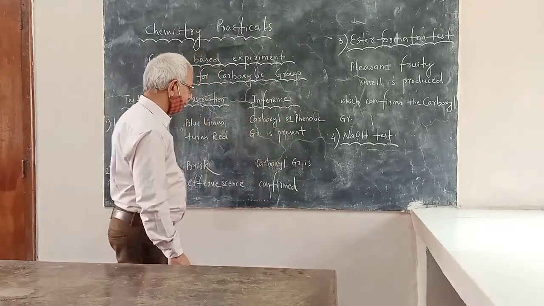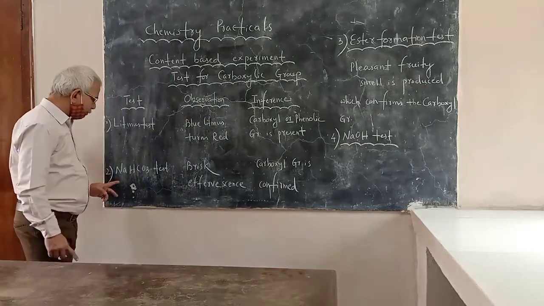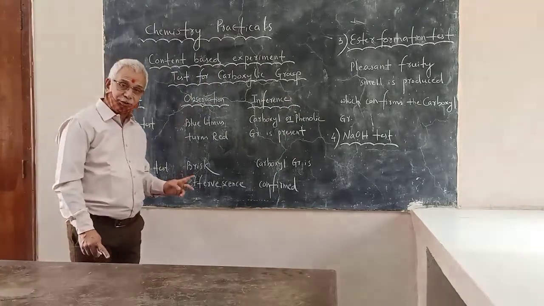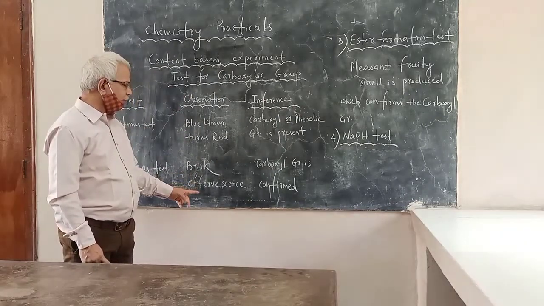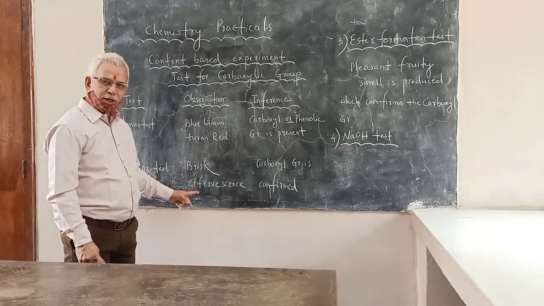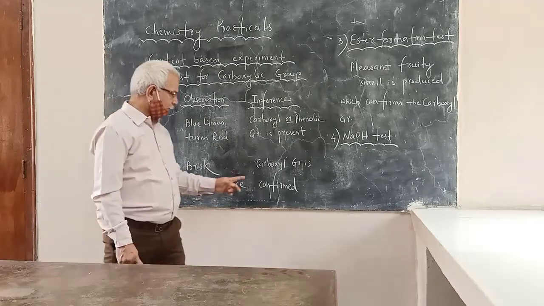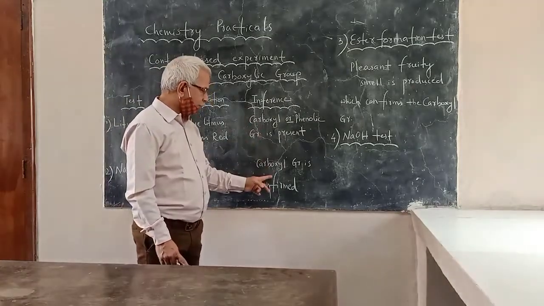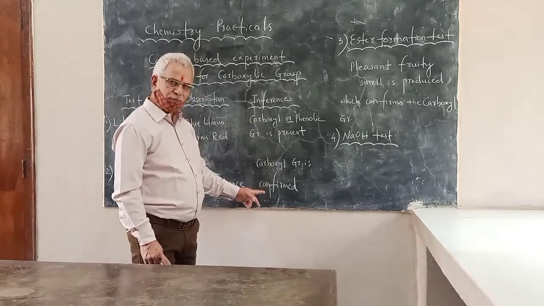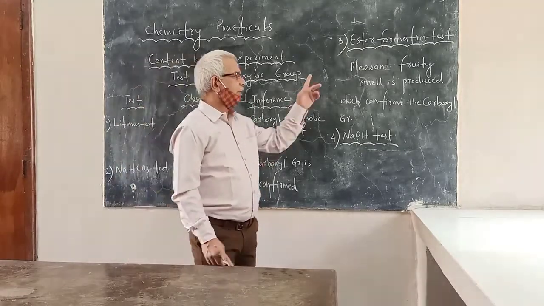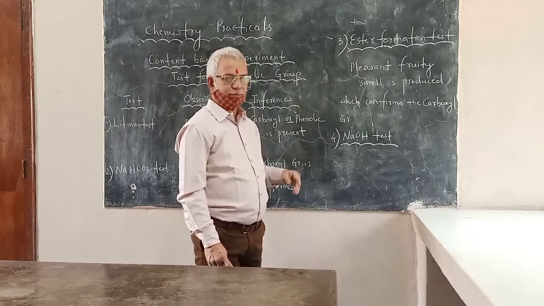Now test number 2, sodium bicarbonate test. All acids give this test. Brisk effervescence due to the evolution of carbon dioxide. Inference: carboxyl group, or carboxylic acid group, is confirmed. Now test number 3, ester formation.